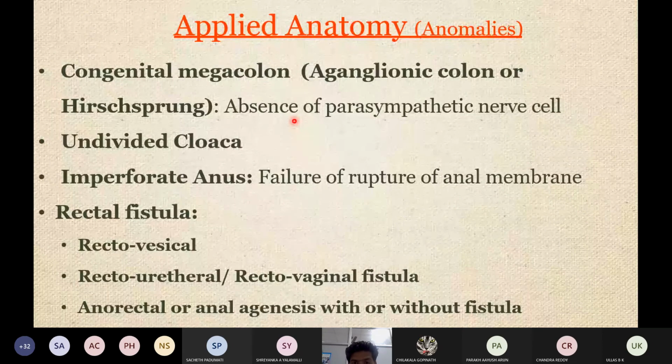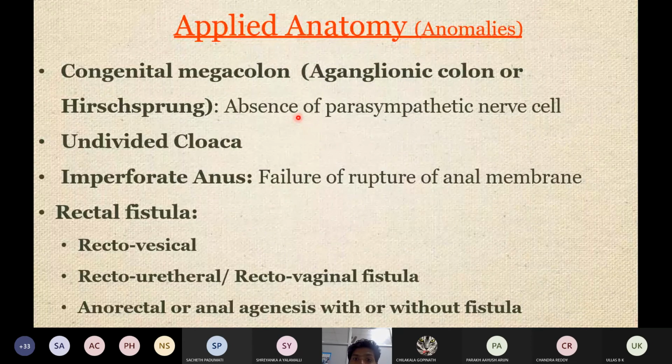So that leads to enlargement of the colon just before the constriction, which is the congenital megacolon, the enlarged colon. That's why it is called aganglionic, where the nerve ganglionic cells are absent at that particular region.